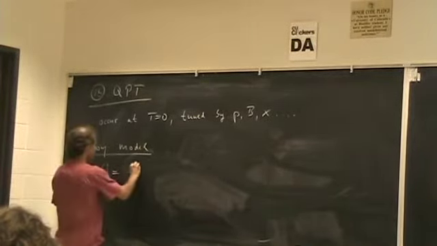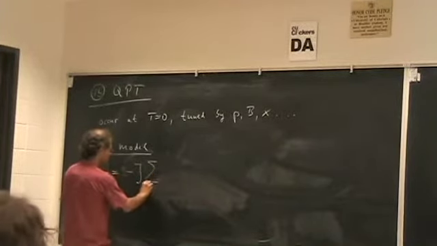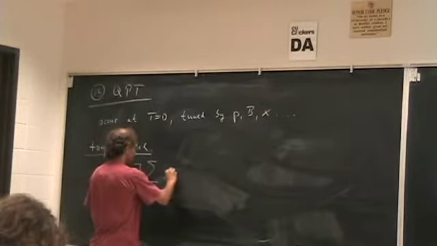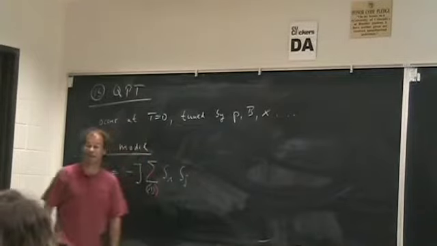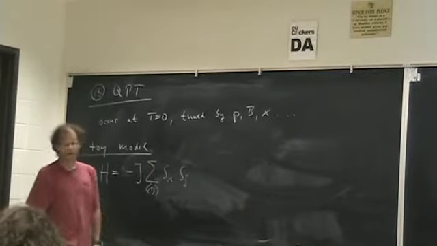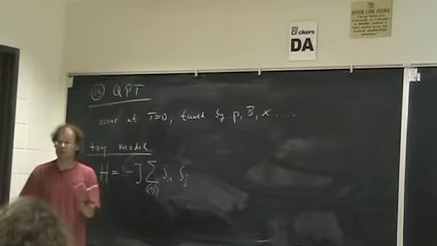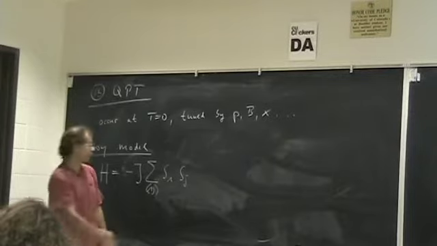So let me just write something down: minus J, sum over ij, that's nearest neighbors. And then we need an interaction between S_i and S_j, spins on the nearest neighbor sites of the lattice. And remember, I said uniaxial symmetry, so we need one component. Let's call this component the Z component, right? That's the preferred direction.